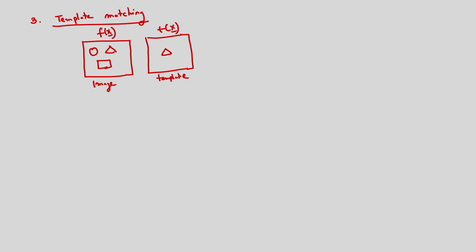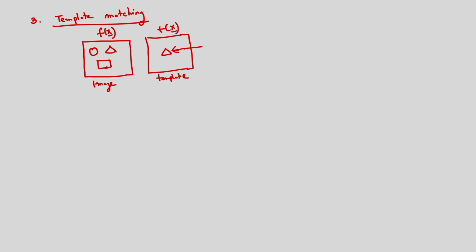So, what is the objective of template matching? Detecting a particular feature in the image. That means, in this case, in the template I have shown one object. I want to detect whether that particular object is present in the image or not. In the image I have many objects, but in the template I am considering one object.